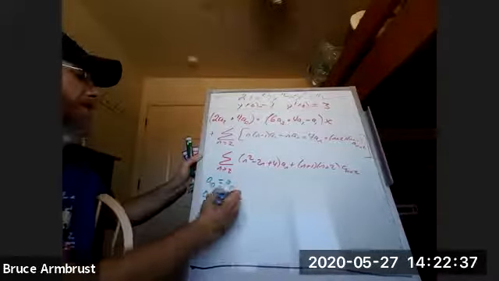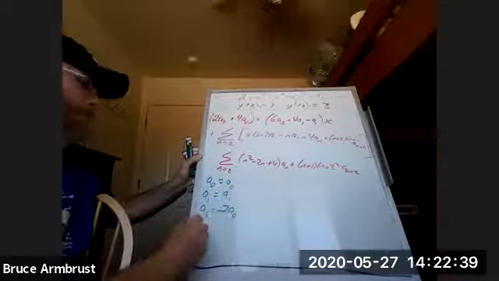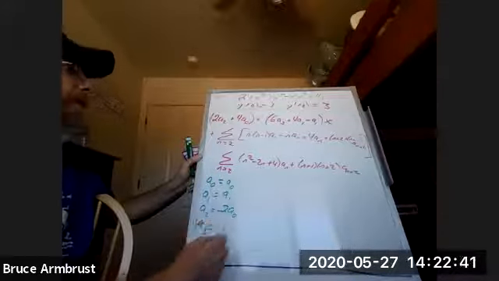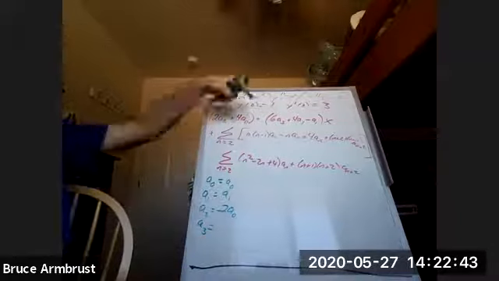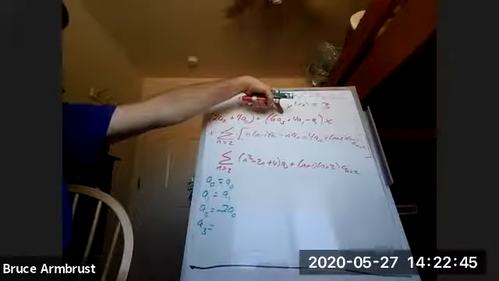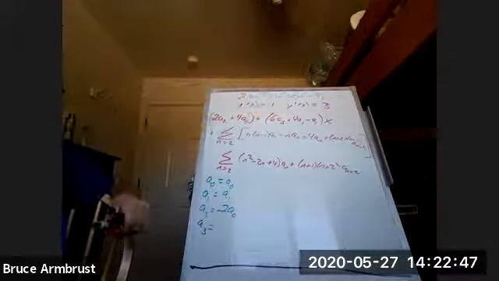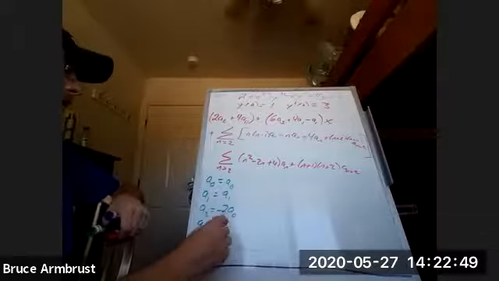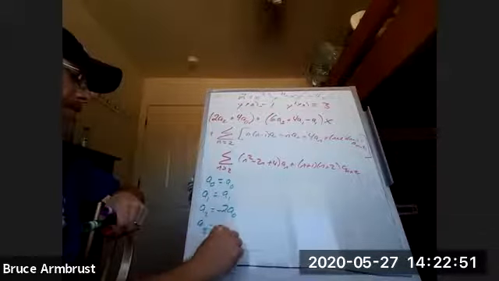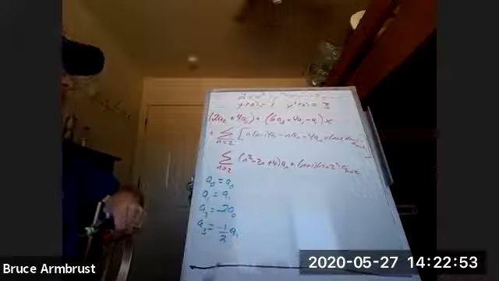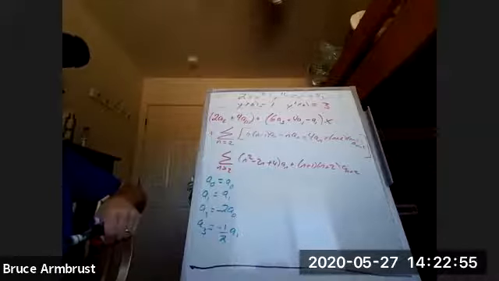A1 is also a free choice. But once we figure out that one, we're going to get A3. Because A3 is minus 1/2 A1. So there's A3.